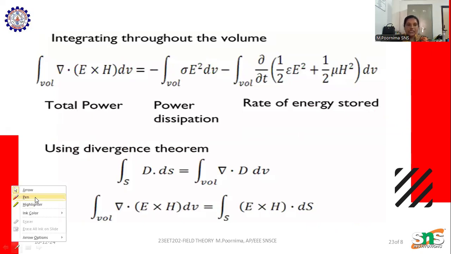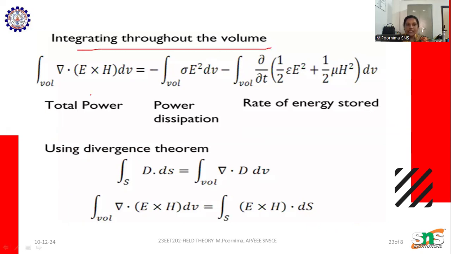Integrating the entire equation throughout the volume, the integral of del dot (E cross H) equals minus the volume integral of the power dissipation term, minus the rate of energy storage. So the total power is equal to the power dissipation plus the rate of energy storage.